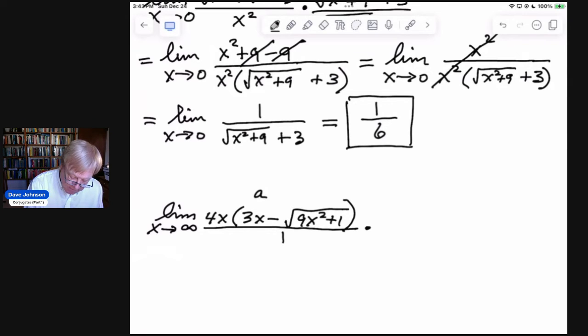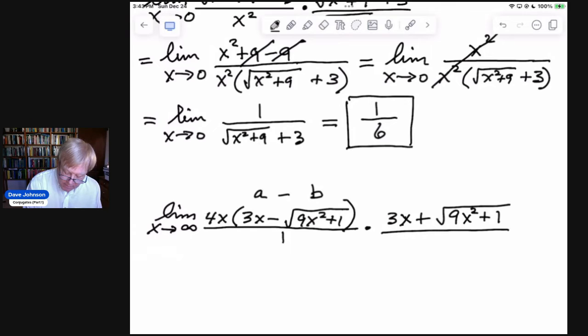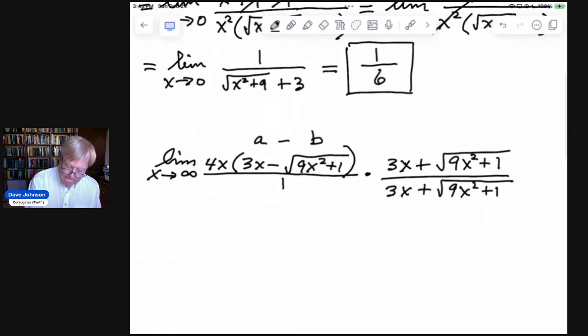And again, think of this as your A and this is your B. Okay, so we get times 3x plus the square root of 9x squared plus 1, divided by 3x plus the square root of 9x squared plus 1. Okay. Rewriting, we get limit as x goes to infinity.